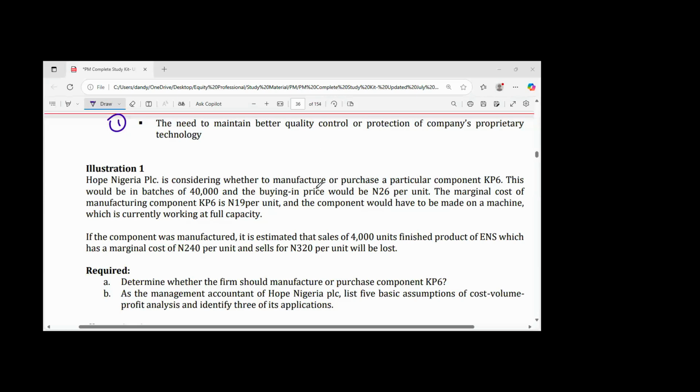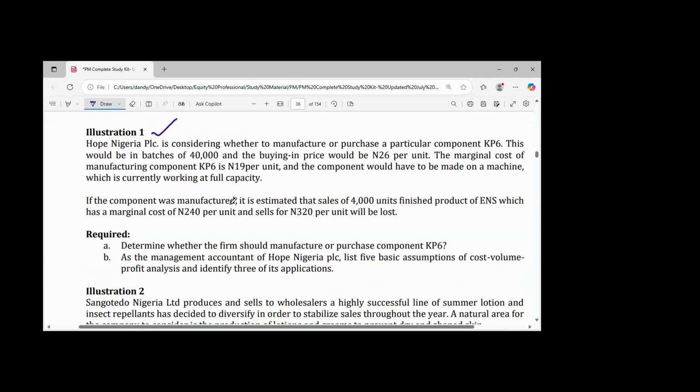Hope Nigeria PLC is considering whether to manufacture or purchase a particular component, KP6. This will be in batches of 40,000, and the buying in price will be 25 naira per unit. The marginal cost of manufacturing component KP6 is 19 naira per unit, and the component would have to be made on a machine which is currently working at full capacity.